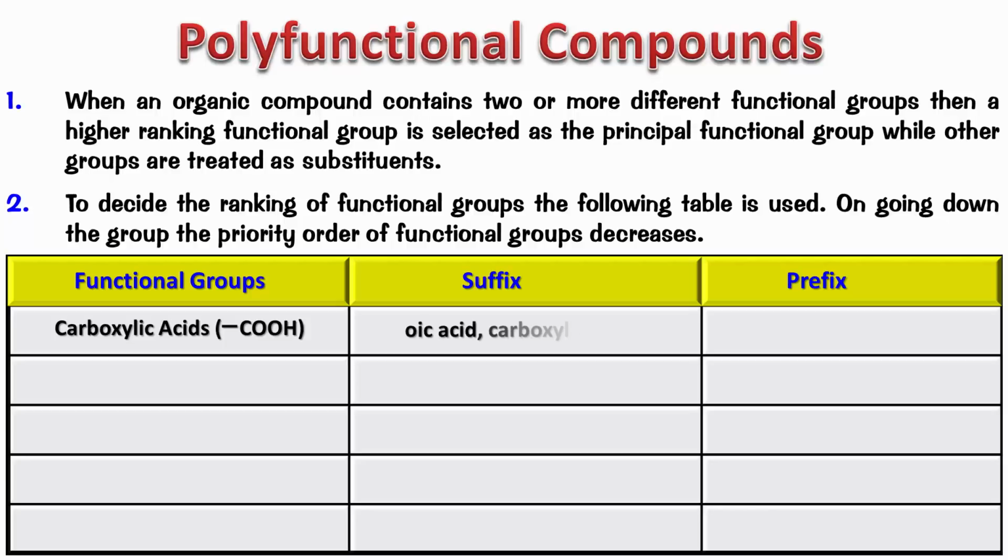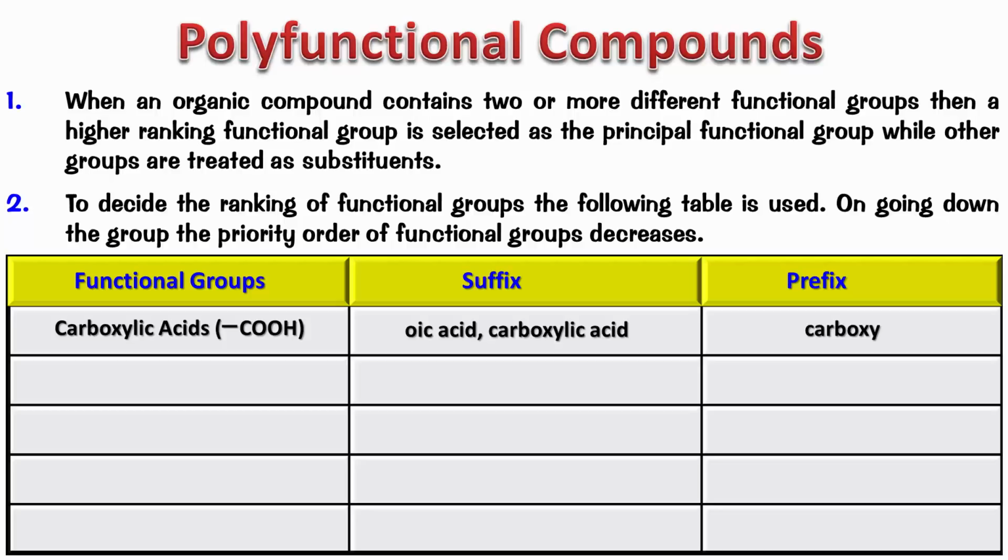So the endings could be oic acid or carboxylic acid. You need to note all of these things down as you see the video, because it's only when you have all the listings that you'll be able to understand which one should be given preference, which is suffix and which is prefix. And if the COOH becomes a prefix, we call it carboxy. Carboxy is the prefix for this.